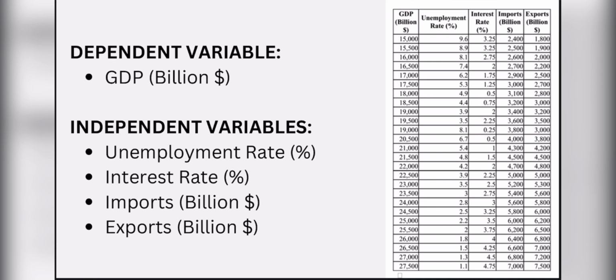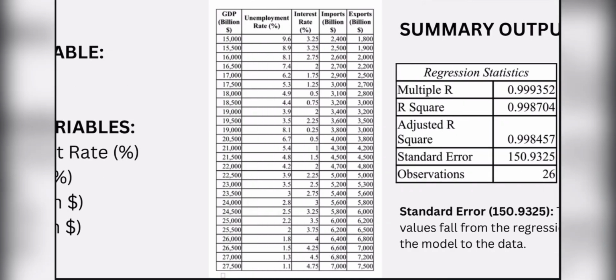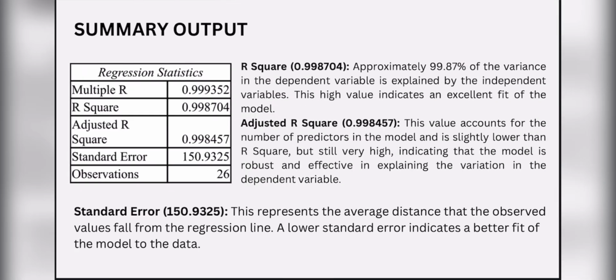The 4 independent variables include unemployment rate, which is in percentage terms, as well as interest rate in percentage terms, and then imports and exports, which are in billion-dollar terms. And the dependent variable, GDP, is also in billion-dollar terms. So let's move on to the summary output.